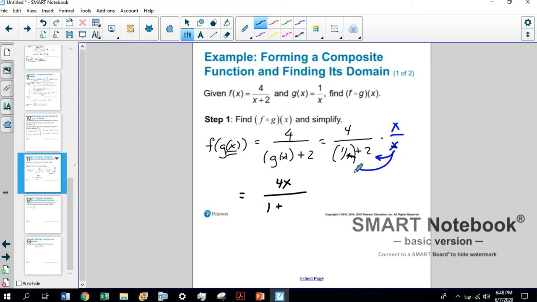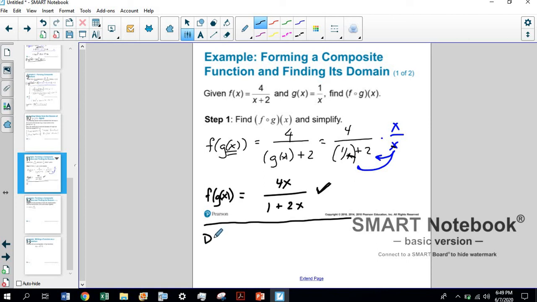But then that x is still there to multiply by 2, and so you get 1 plus 2x. So f of g of x is 4x over 1 plus 2x. So that's our composite function.